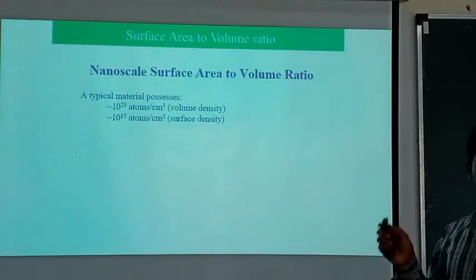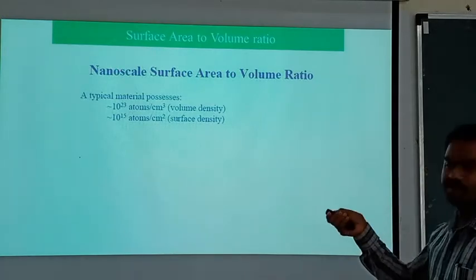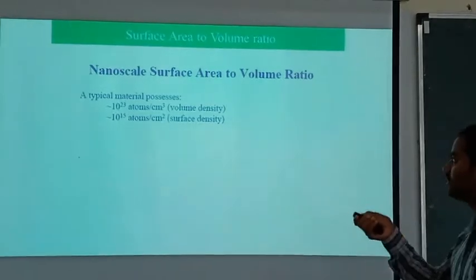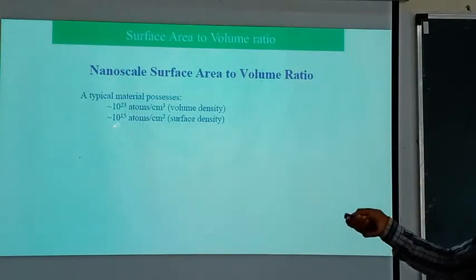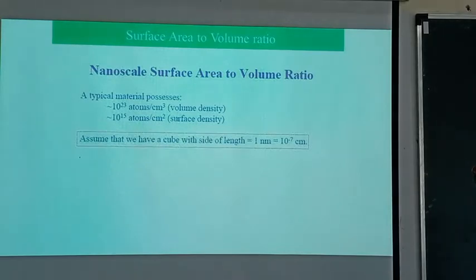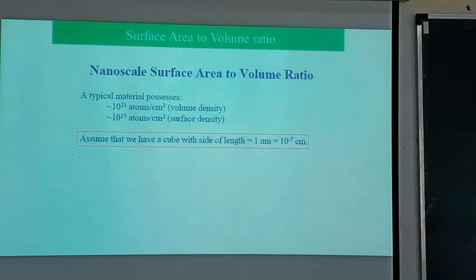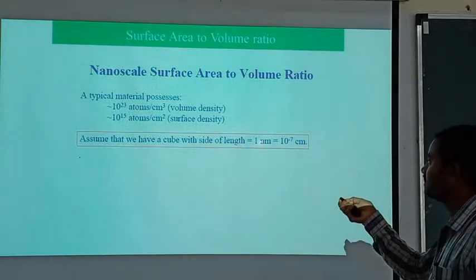Now we consider the nanometric scale. What happens with the nanoscale surface area to volume ratio? Again the same example: 10²³ atoms per centimeter cube, which is the volume density, and 10¹⁵ atoms per centimeter square, which is the surface density. Consider again a cube having side length 1 nanometer. Here is the main difference.